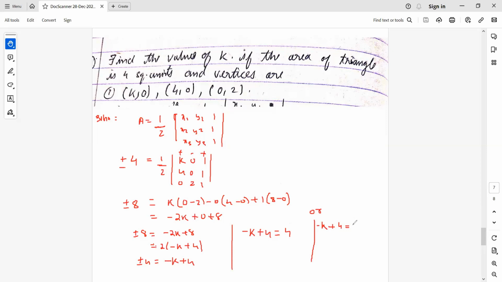On simplifying, minus k will be equal to 0, or k will be equal to 0, or minus k will be equal to minus 8, or k will be equal to 8. So we are getting two values of k: k is equal to 8 and k is equal to 0.